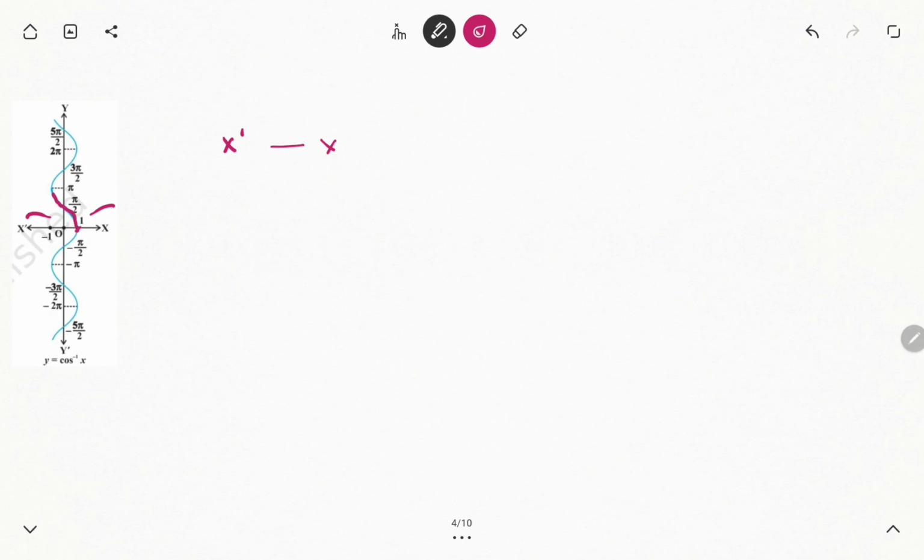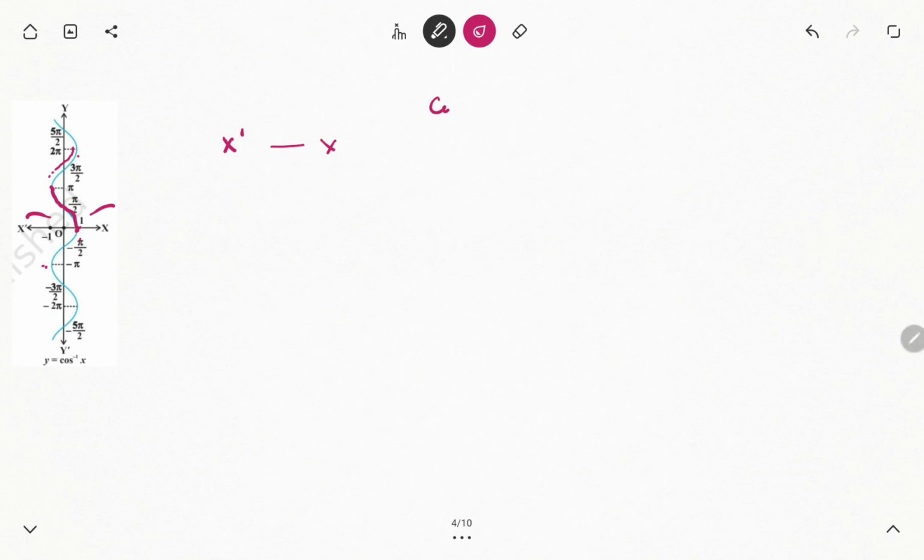Here it is dark in the graph also. And these are the other branches where the function is 1-1. So the first branch will be from 0 to pi. Then pi to 2 pi, right? Here 0 to minus pi. Then minus pi to minus 2 pi, minus 2 pi to minus 3 pi. You will get all like this.